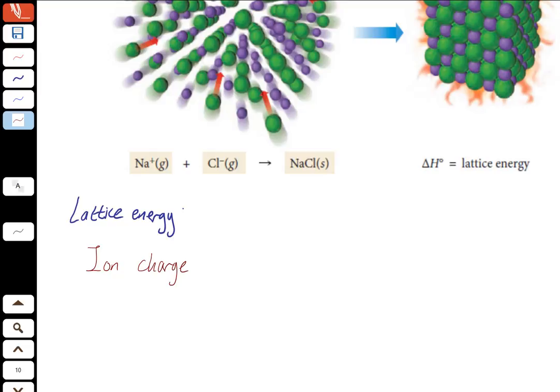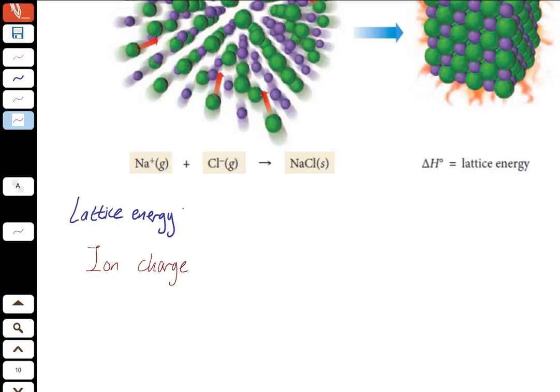Ion charge is probably the biggest effect. So what do you think the effect is? Do you think ions with higher charges have greater lattice energy or smaller lattice energy? Greater, right?